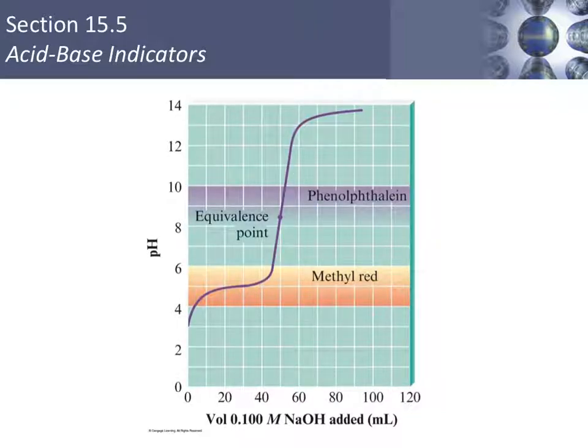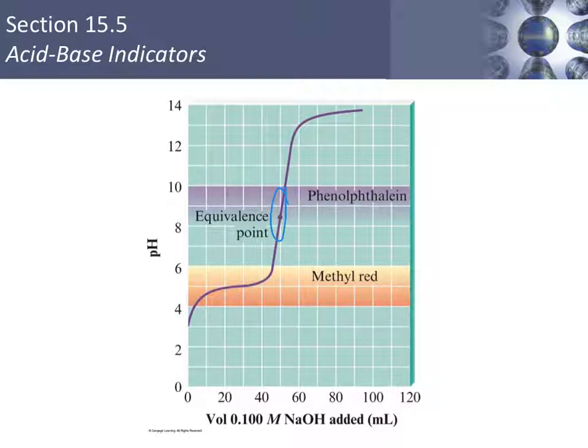The previous graph showed a strong acid that was titrated with a strong base, and there was a very long vertical region around the equivalence point. But when we start looking at weak acids, there is a much smaller vertical region around the equivalence point. You don't have as much flexibility in choosing an indicator.